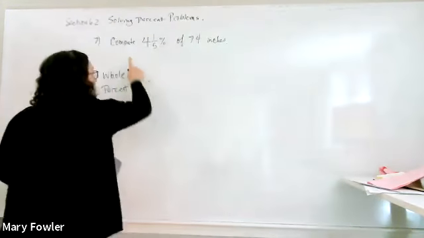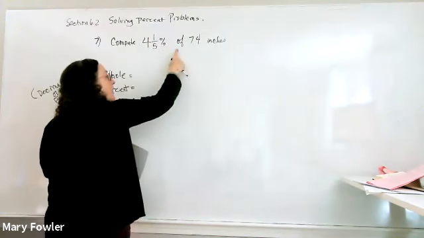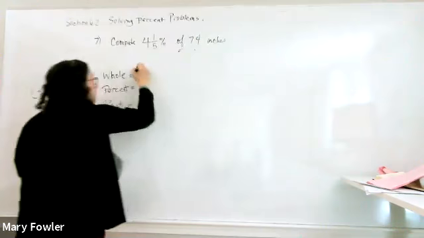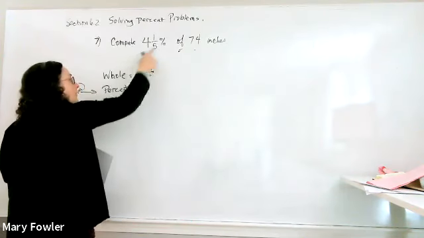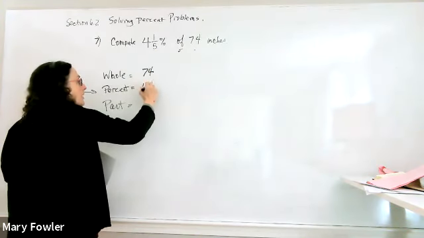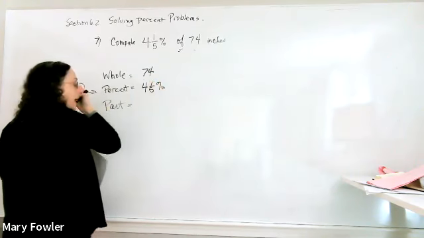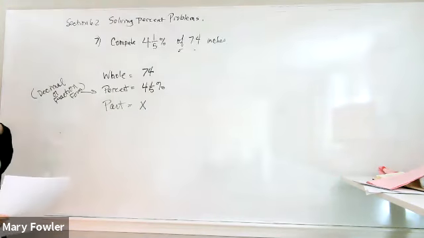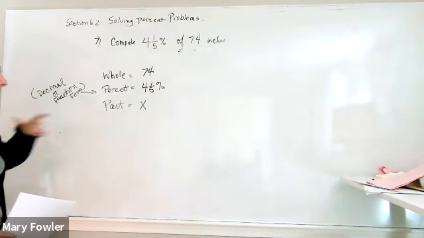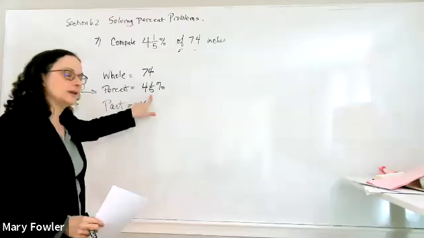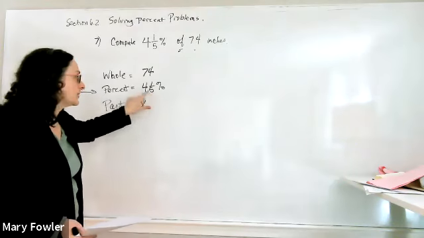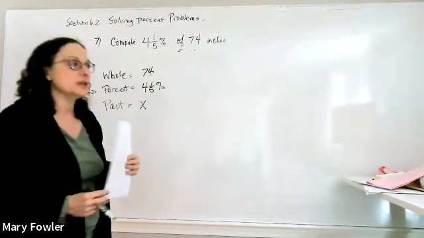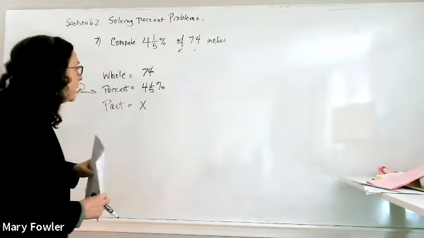Okay, so compute 4 1/5% of 74 inches. So the whole is 74 inches. What we're looking for here is 4 1/5%, and the part is unknown, okay? So because it's in fraction form, let me transition this into a fraction.